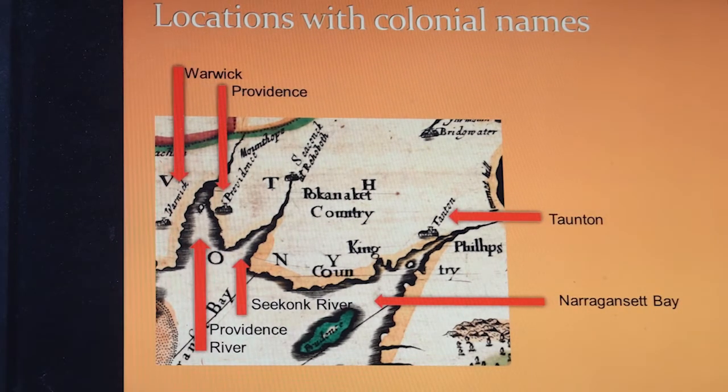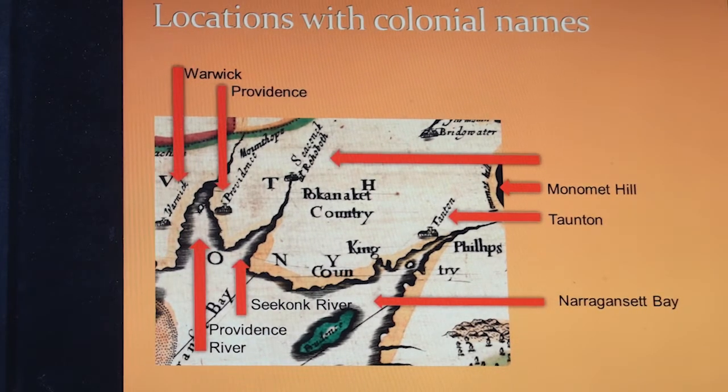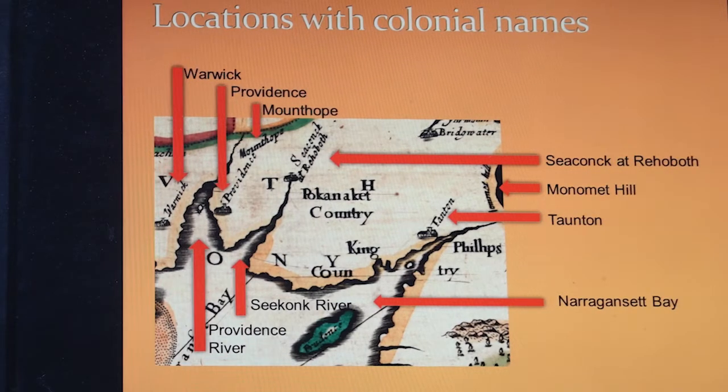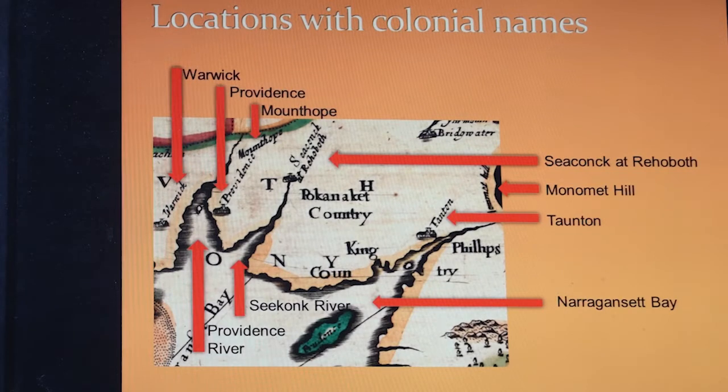Also, the city of Taunton, and Manomet Hill, the highest point in southeastern Massachusetts, close to Plymouth or Patuxent, and Seekonk at Rehoboth. We also see a label for Mount Hope way above Providence, which was poorly placed because it should be much further south near the N on this map.